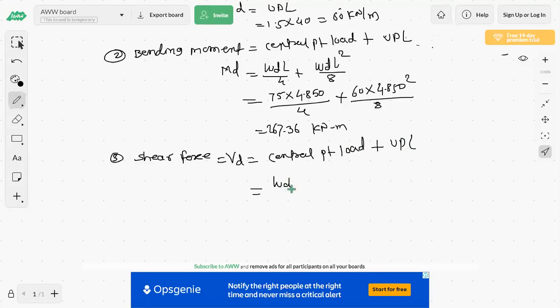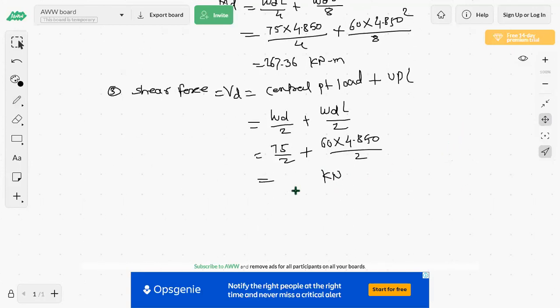This is again W by 2 plus WL by 2. Correct? So here W is 75 by 2 plus WL, it means 60 into 4.850 by 2. So tell me this shear force VD in kilonewton.